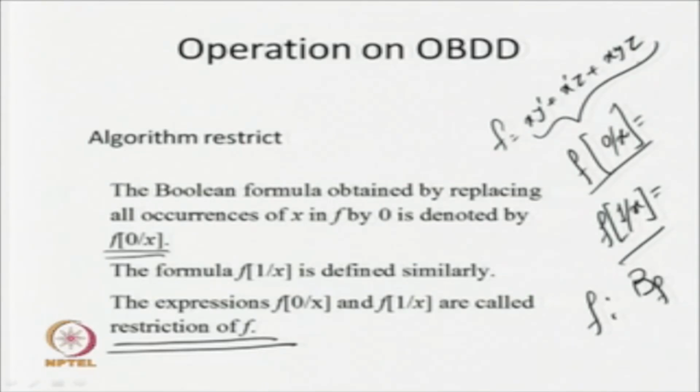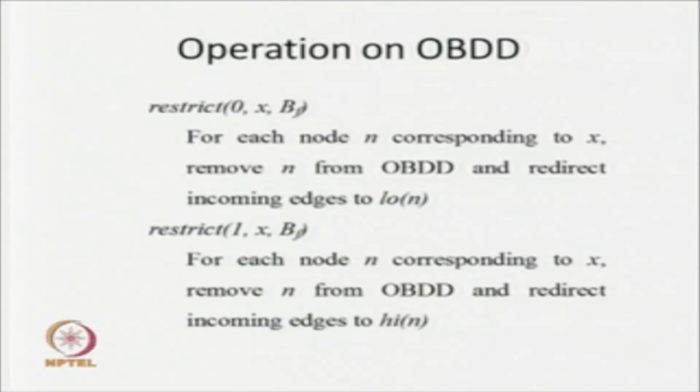So, similarly, if I have the BDD representation of this Boolean function f, can I apply this restriction on it or not? It is very simple. So, what happens? We say that this is restrict 0 x BF, which is nothing but f replacing all x by 0, and restrict 1 x BF.